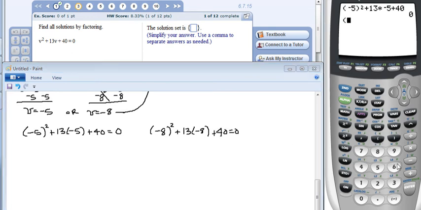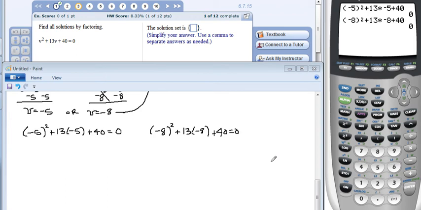In a testing situation, you want to really make sure that these are working. You should test it with some method. I'll show you another method in just a second. That one works too. So I've got my 2 solutions, negative 5 and negative 8.